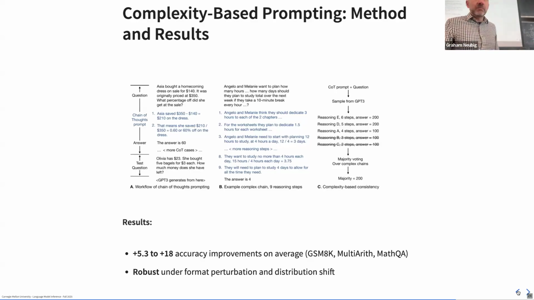So the big assumption behind chain of thought is basically that we have P direct, which is just P of y given x from the LM.